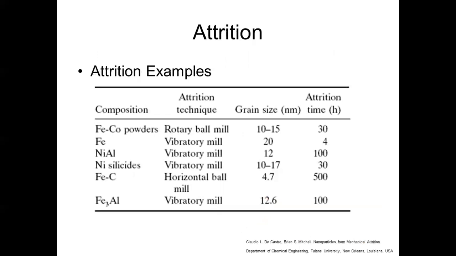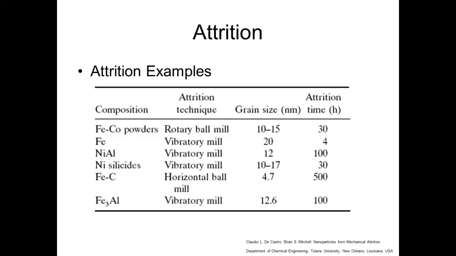So this is, again, examples of attrition. Different materials that we could get from attrition, the typical grain size that people might have a desire to make, and importantly here, it gives us the time that the attrition process takes. I think it's amazing that the attrition time for that iron aluminum alloy at the bottom is going to take 4 days.